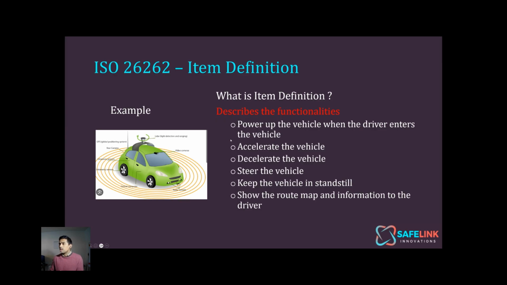It's not written down over here, but that's function number two. Once the destination is set, it accelerates, decelerates, steers the vehicle, and then brings it to a standstill. Then the passenger can leave the vehicle. And while all of this is happening, it should show the map and the information to the user. At a very high level, these are the functions: accelerating the vehicle, decelerating, steering, maintaining standstill, and showing the route to the user.